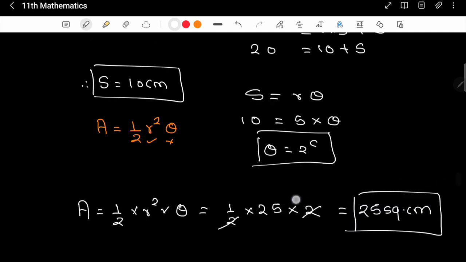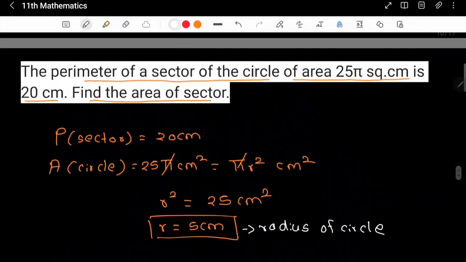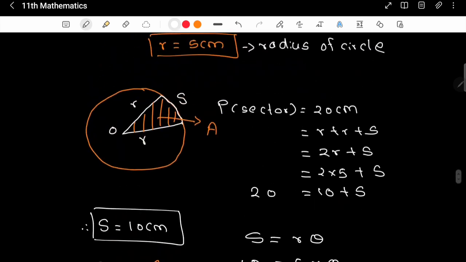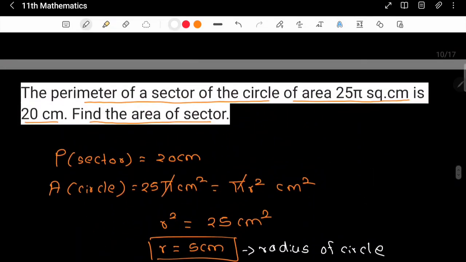So the area of the sector, whose perimeter is 20 centimeter, for the given area of circle as 25 pi square centimeter, is 25 square centimeter. Okay, fine. That was our third question.